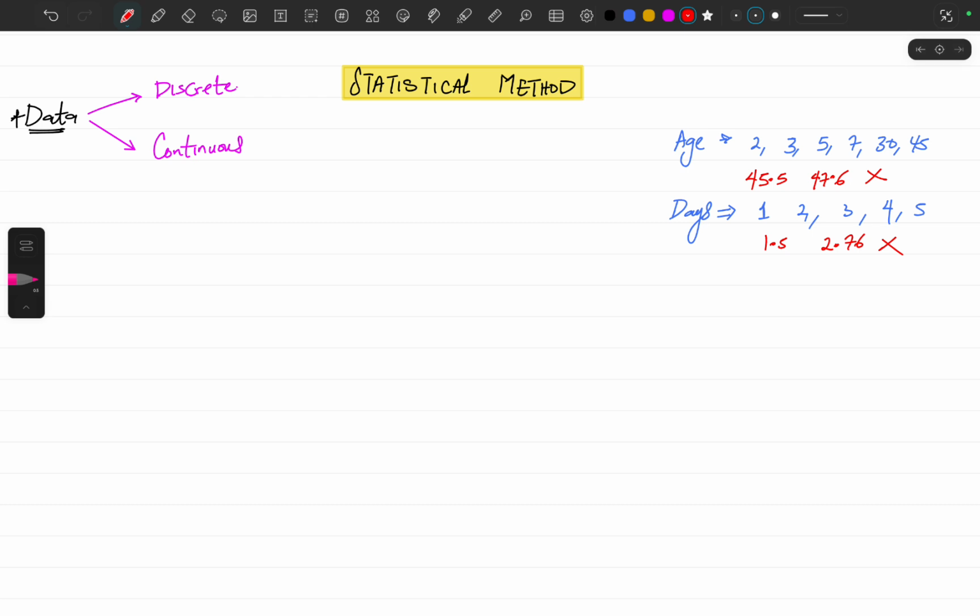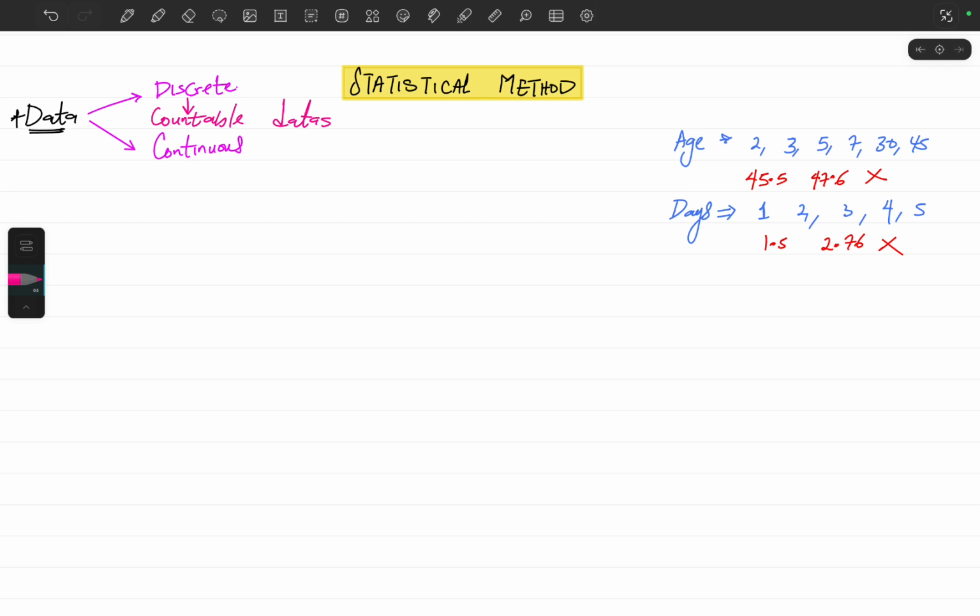So the best definition for you to use is to say that discrete data are countable data, countable variables. If we use the word variables, I'm going to explain what a variable is in the long run. Variables could be anything. Well, in this case, let us use data.